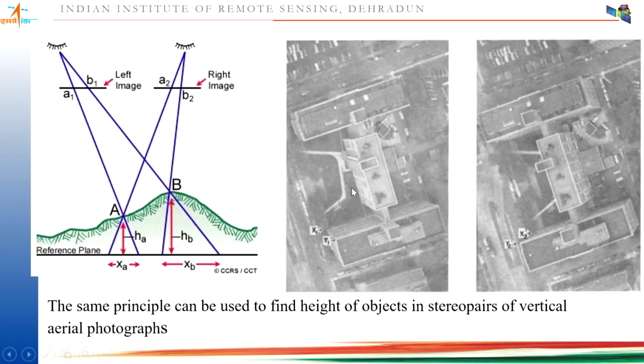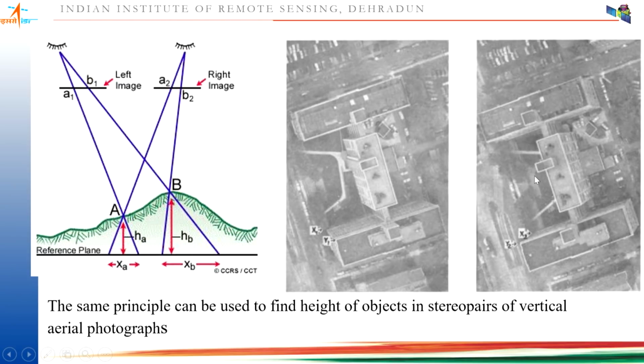Okay, so the same point, let us say any feature, suppose this particular feature. Here this has small x1 y1 coordinates in this particular photograph. For the same object in the second photograph, the overlapping photograph, with respect to the frame of the second photograph, the photo coordinates are different.